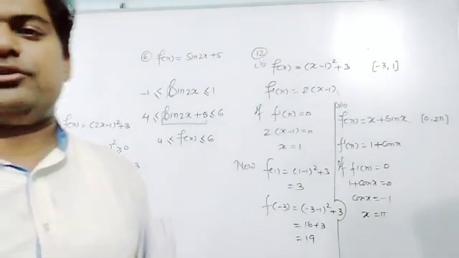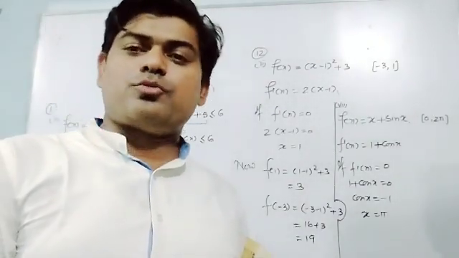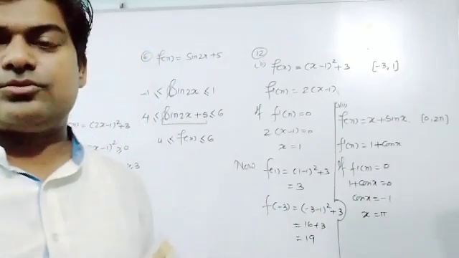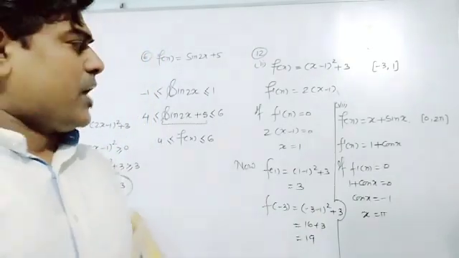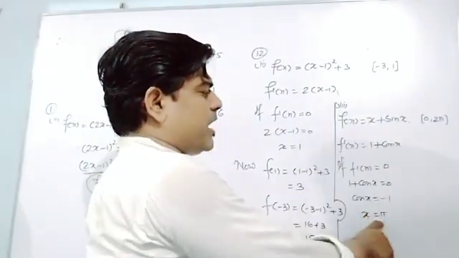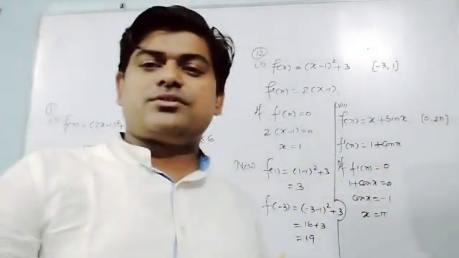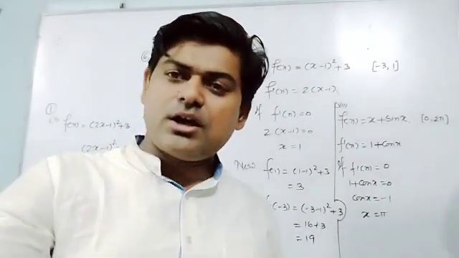This one I want to tell you: not only 0 and 2 pi, now I have to find f(x) at x is equal to pi also. So we will find f(0), f(pi) and f(2 pi) and then we will see which one is the maximum and which one is the minimum.